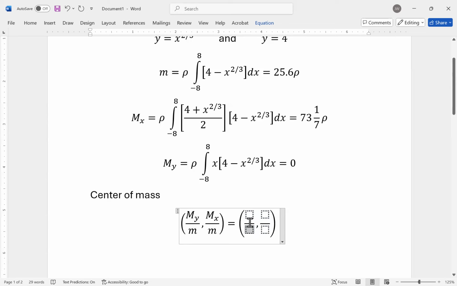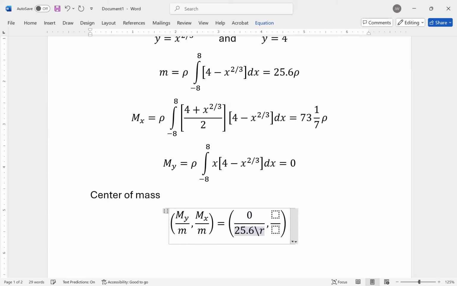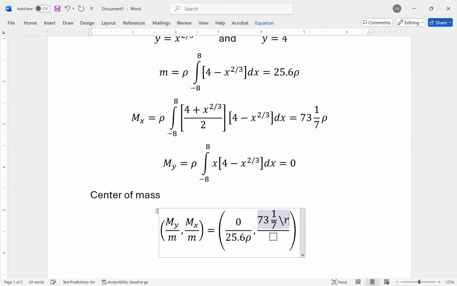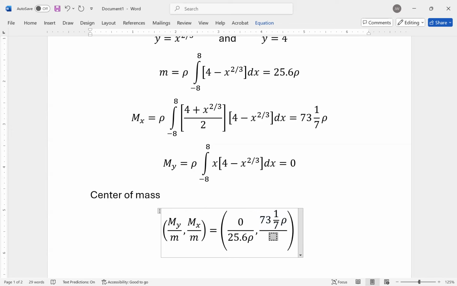The x is given to us by 0 over 25.6 times rho. The y coordinate of the center of mass is given to us by 73 and 1/7 times rho divided by 25.6 times rho.